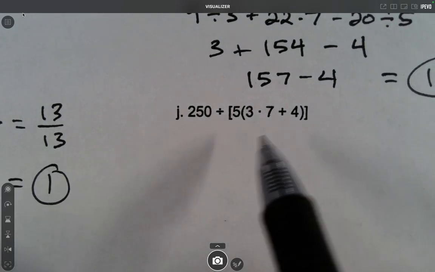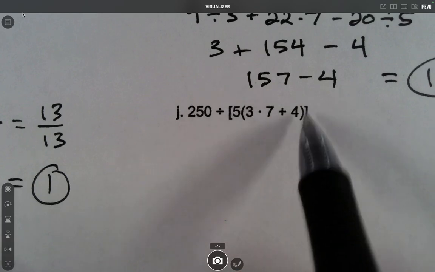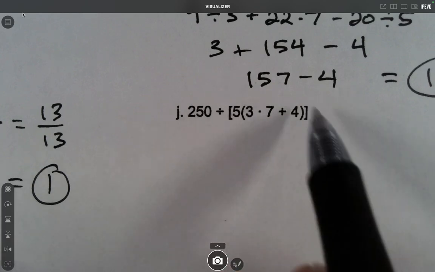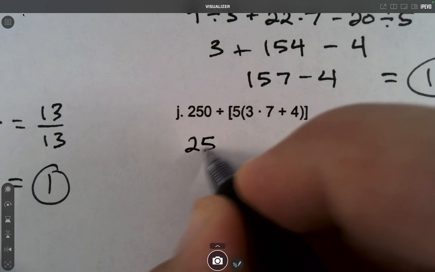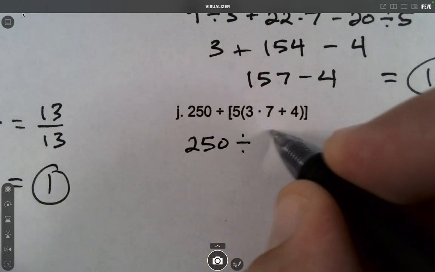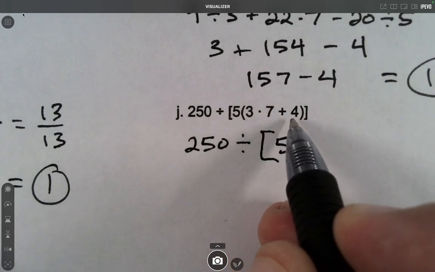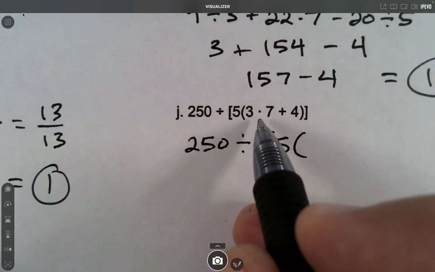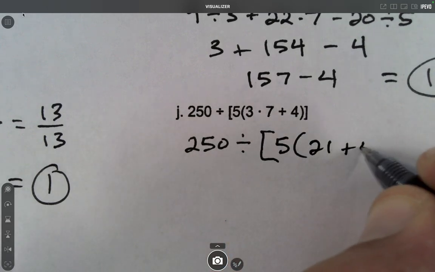J, we focus on the inner parentheses first. So these rounded parentheses are inside the square brackets. And again, this is a division symbol. So we have a multiplication and addition. We've got to do multiplication first because that's part of step 3. 3 times 7 is 21.